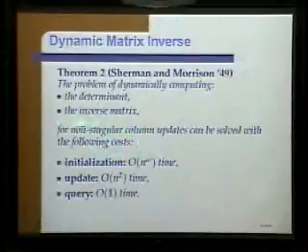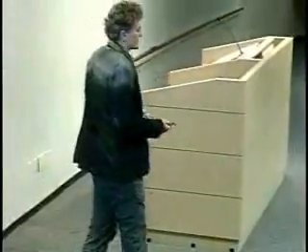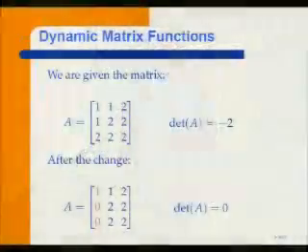I have to comment on this non-singular column updates. This means that we can maintain the inverse and determinant only if the matrix remains non-singular during the execution of the algorithm. Of course, the inverse matrix is not defined otherwise, but perhaps you would be interested in computing the determinant even if the matrix becomes singular.